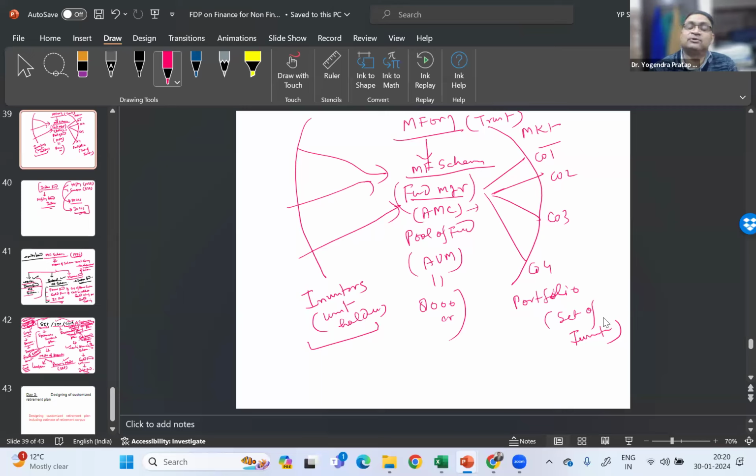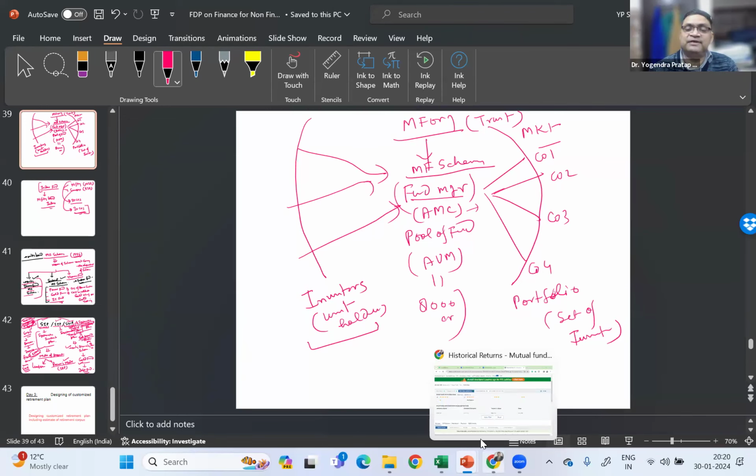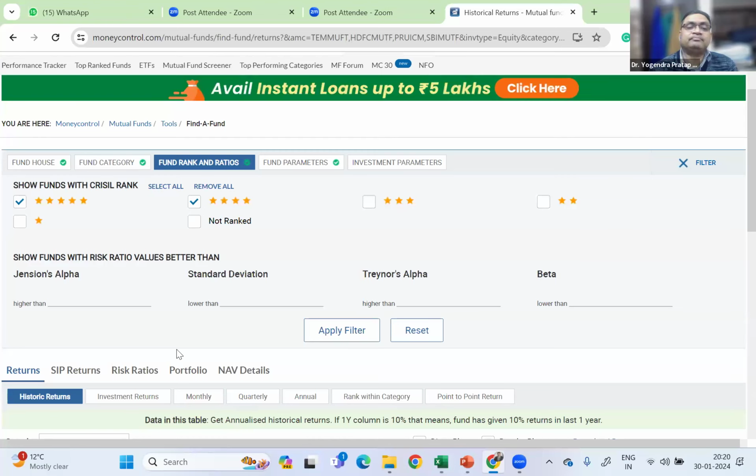All the concepts of portfolio management will be there. So when you choose the mutual fund schemes, you can choose this. What will be the tenure alpha? For this, you have to go through the particular scheme, because Jensen alpha, standard deviation, what should the beta be? Beta is the sensitivity with the market, if the market goes up or goes down, because you have chosen the equity-based mutual fund scheme.